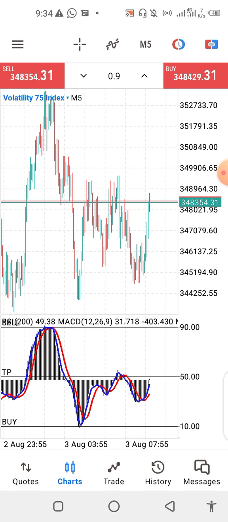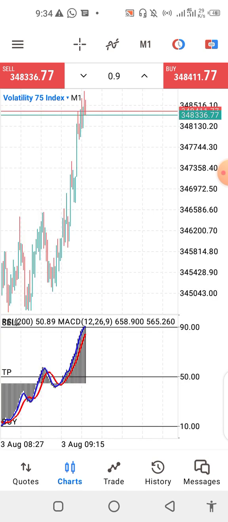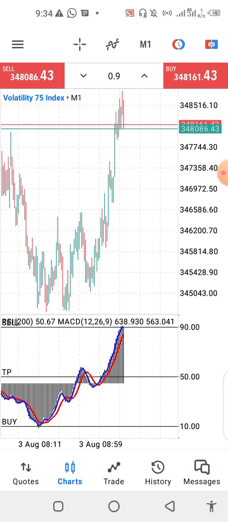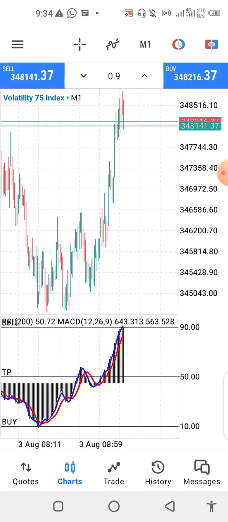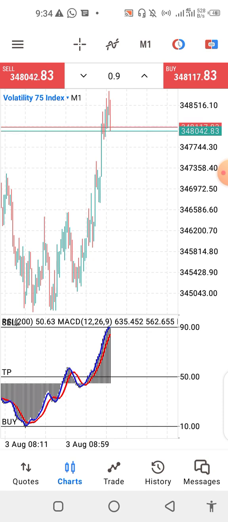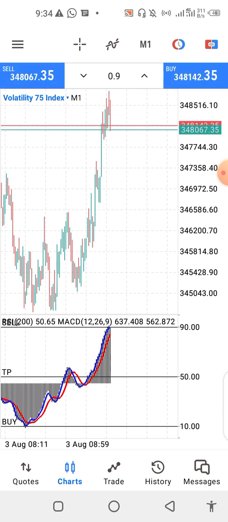You go to the lower time frame to confirm for it to also give you a buy signal. You see, when you come here, it's selling, but on the 5 minutes, it's buying. So you wait for this 1 minute time frame to come down to give you the edge to buy, and then you enter the market and you will be riding in profit.